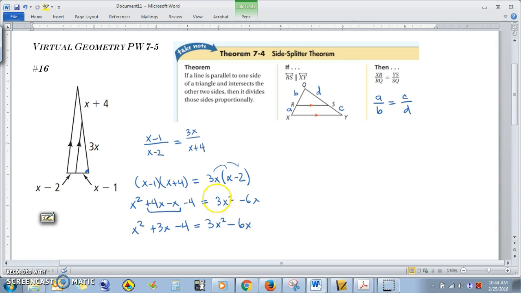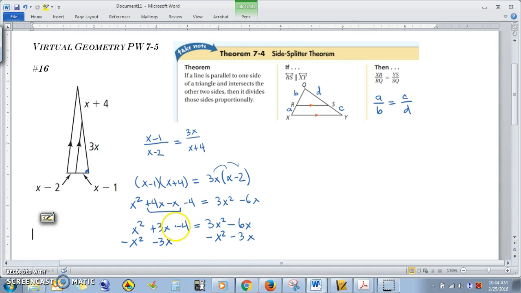And now you got to remember back to algebra and figure out how to solve a quadratic equation. We've got x squareds here, so what we're going to do is get it equal to 0. So we're going to get rid of all the stuff off of one side. I got 3 x squareds on the right and only 1 on the left, so if I subtract x squared, that'll get rid of that. I'll subtract 3x from both sides of the equation.